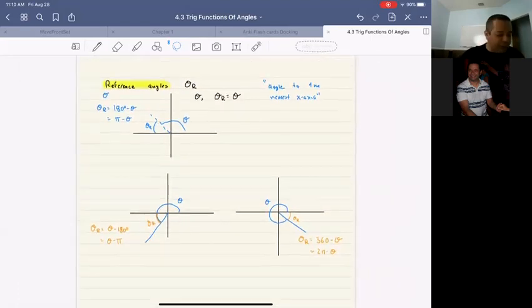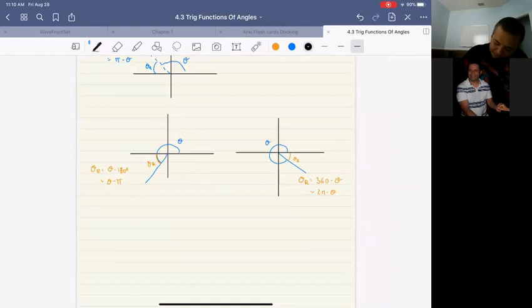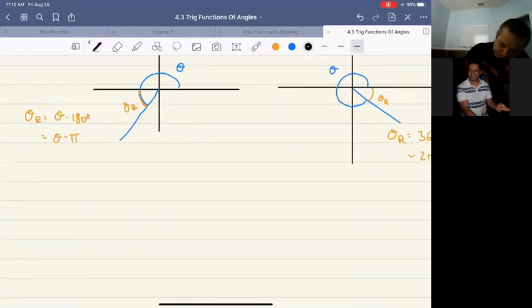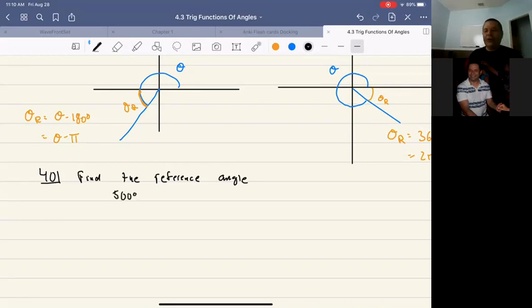So let's do a couple of problems. Let's do 40. Find the reference angle, and the angle is 500 degrees. Now here's a problem. 500 degrees is outside of one revolution of the circle.